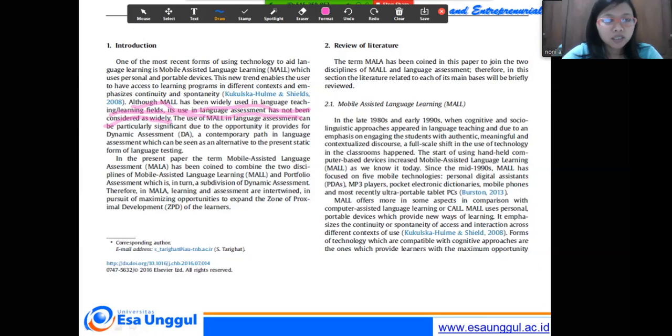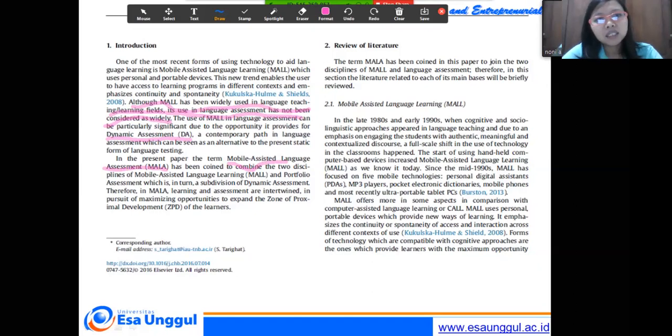The language assessment used in this context is dynamic assessment. What kind of dynamic assessment is used in this context? In the abstract, we already know the dynamic assessment used is electronic portfolio. MAL is mobile assisted language learning, and MALA is mobile assisted language assessment.